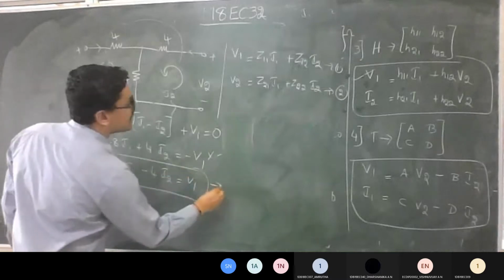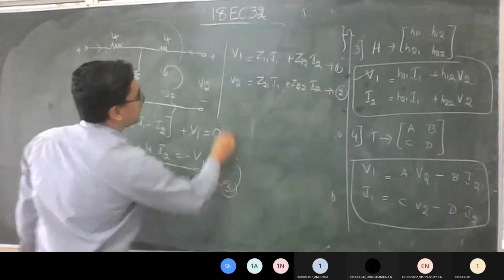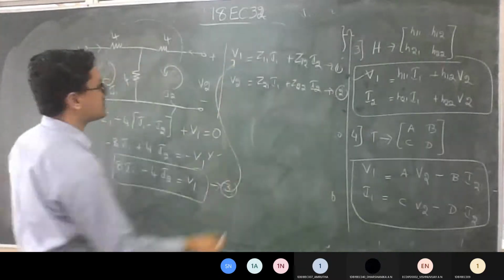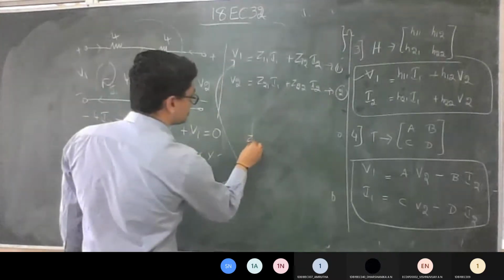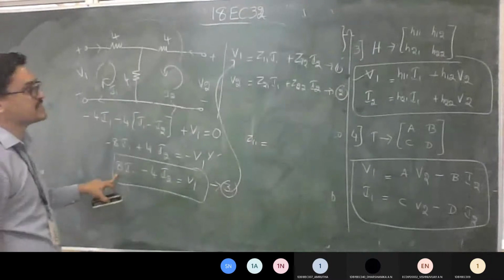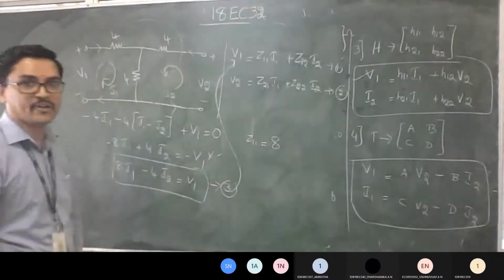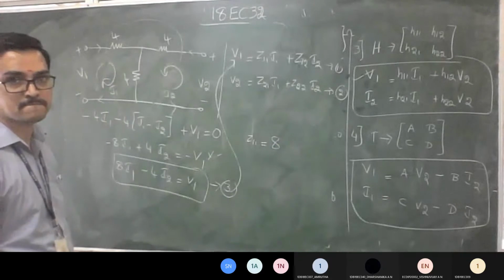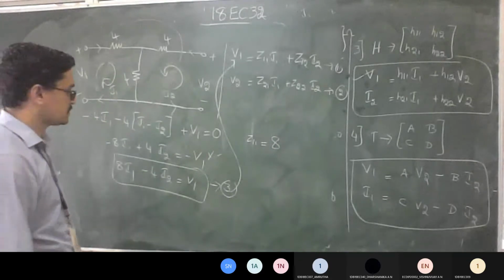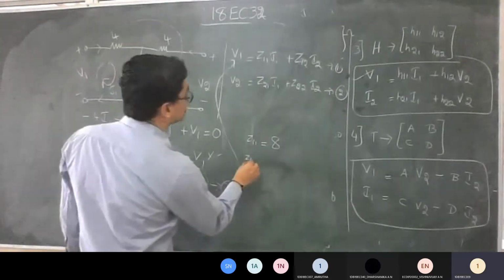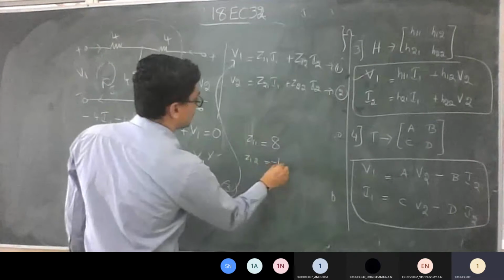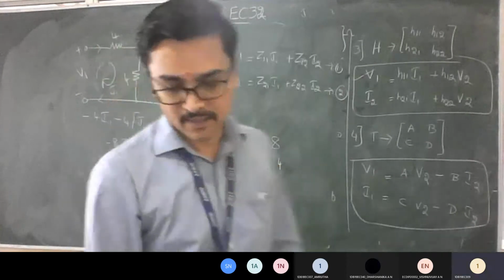If you call this equation number 3, compare equation 3 and 1. What is the answer for Z11 now? 8. Similarly, what is Z12? It's minus 4.